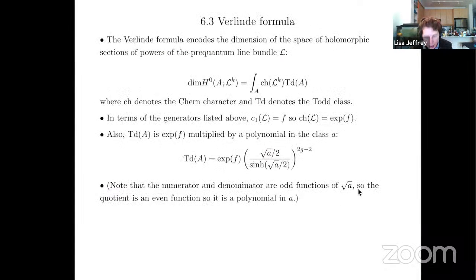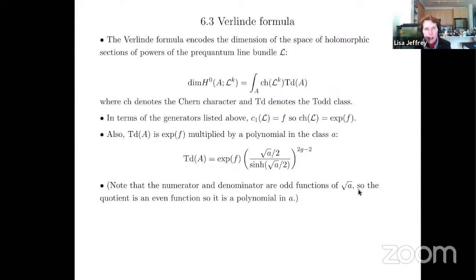Let me talk a little bit about the Verlinde formula, which played an important role in Thaddeus finding these formulas. This encodes the dimension of the space of holomorphic sections of powers of the prequantum line bundle. Via Grothendieck-Riemann-Roch, this is written in terms of the Chern character and the Todd class.